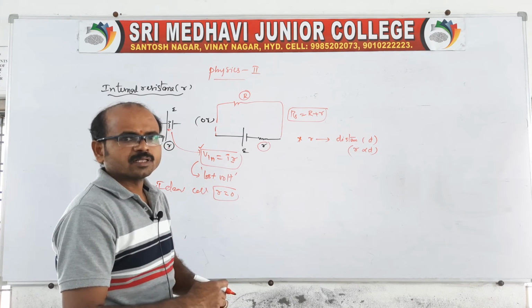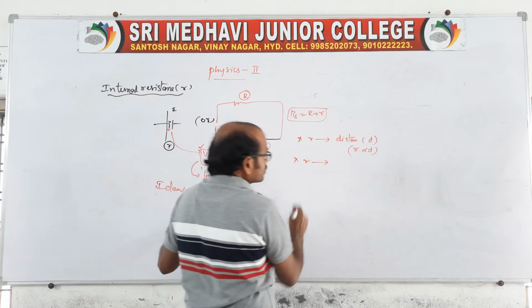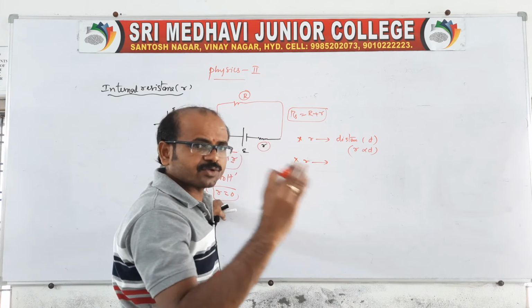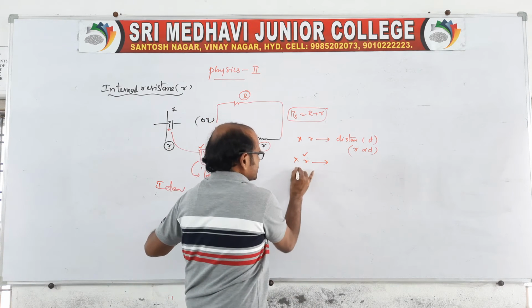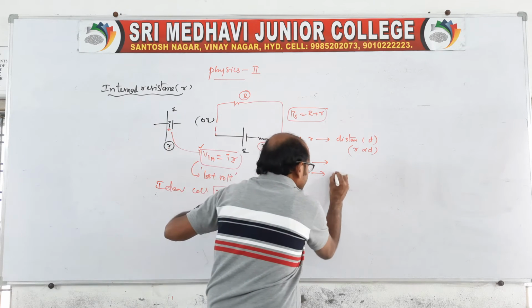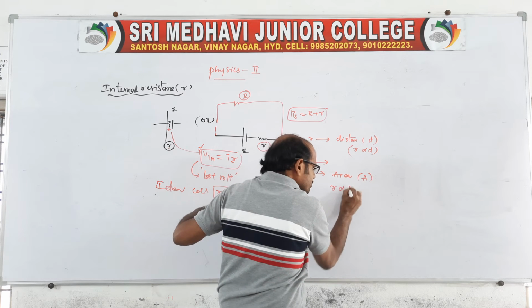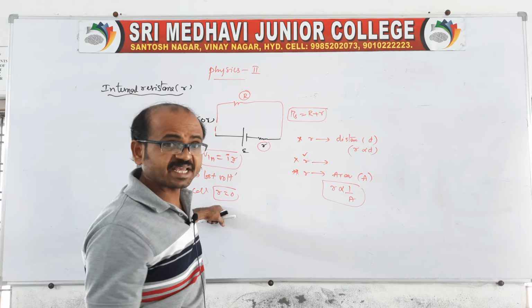It also depends on the strength of the electrolyte we are using. Internal resistance also depends on the area of the plates, A. r is inversely proportional to A.